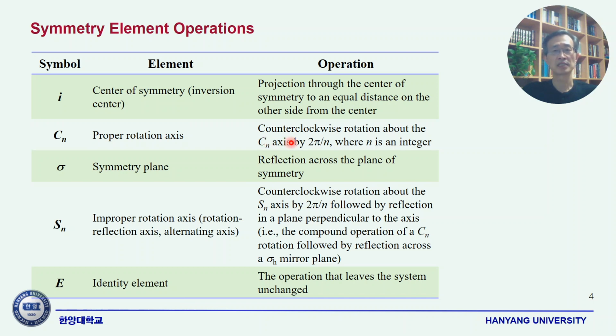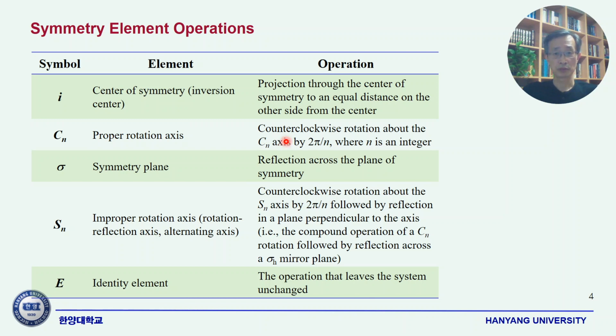Cn axis means that for 360 degrees, or 2 pi radians, there are n times of the same conformation. So C3 means that you'll find 3 times the same conformation.